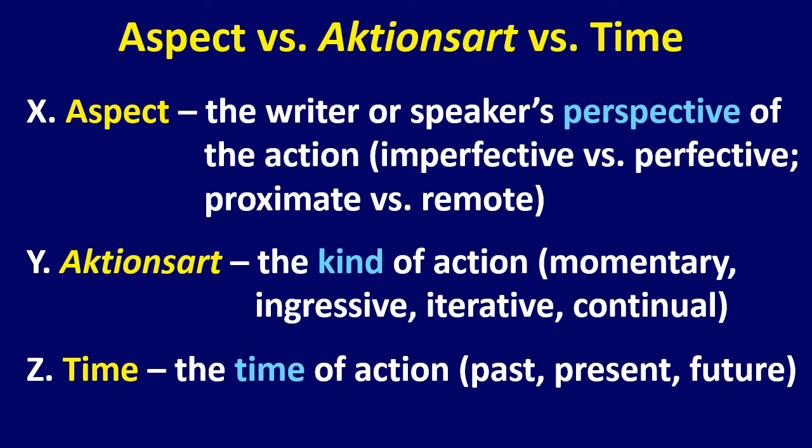And that perspective is his vantage point. It's kind of like a camera that a photographer uses. He can change the lenses and thus change aperture or perspective on a given action and capture that in the picture that he takes. The same is true with a biblical writer or speaker in Scripture.